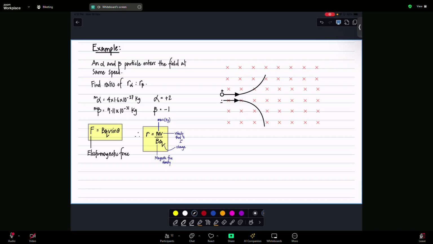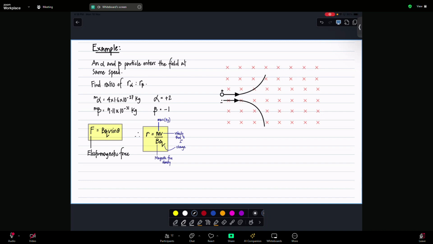Could anyone find the ratio? 3,500. 3,500 is to 1.